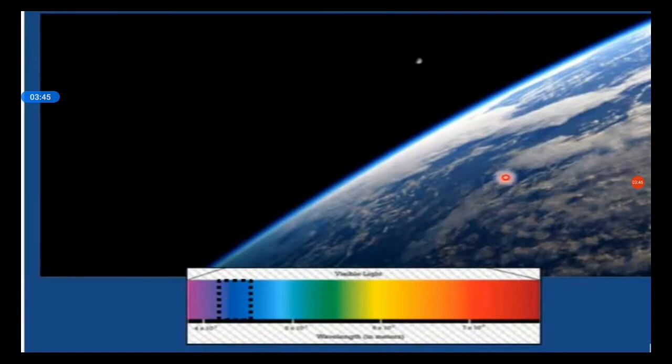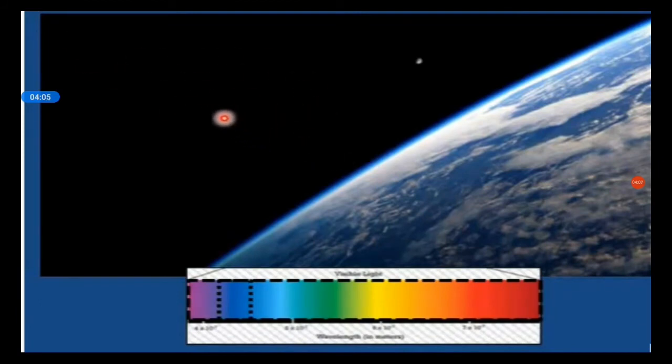So this part is blue. On the other hand, this part of the sky is white because the scatter includes the whole spectrum. This part has no color at all because there is no scatter of the rays from this zone.